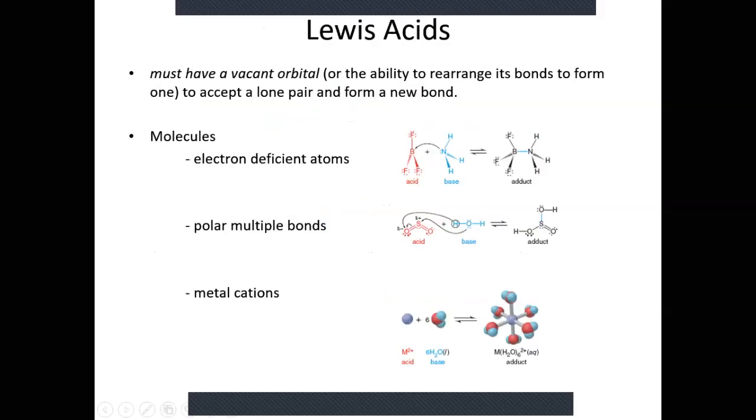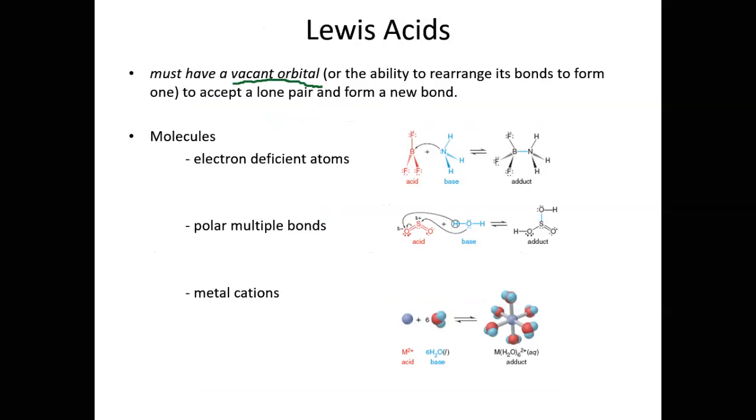Lewis acids have to have a vacant orbital to allow for the lone pairs of electrons. These can be electron deficient atoms. So those atoms that are deficient octets. So we're looking at things like aluminum fluoride, boron trifluoride, things like that.